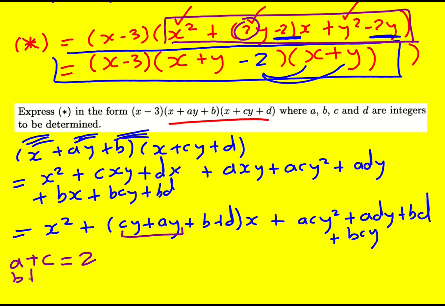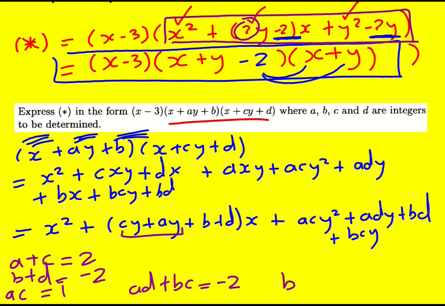And then b plus d, the bit that was left alone to times by x, must equal -2. ac, the term with y squared in, is going to equal 1. And then ad plus bc, the term in y, is going to equal -2.